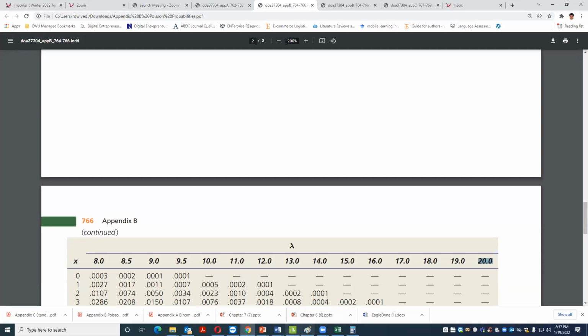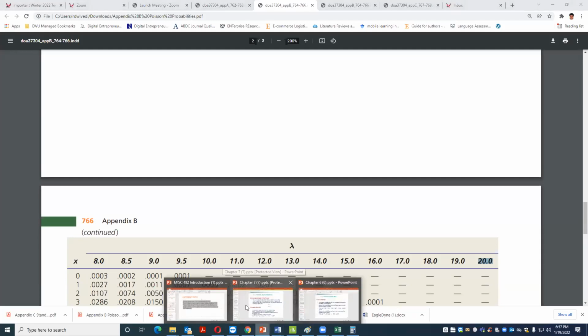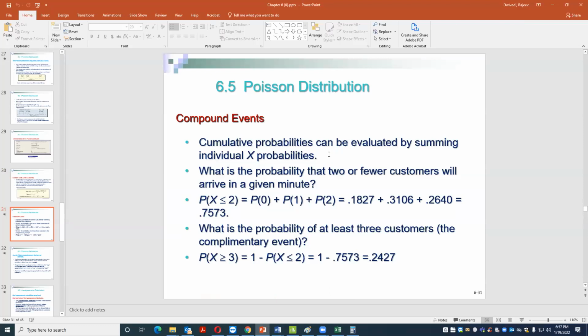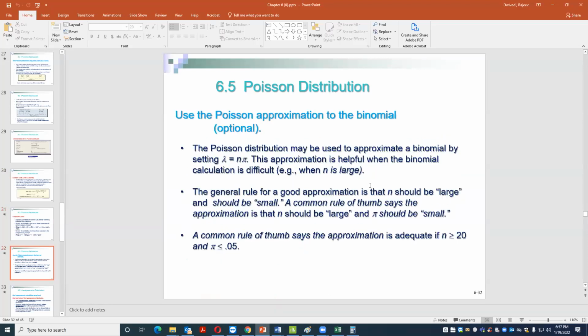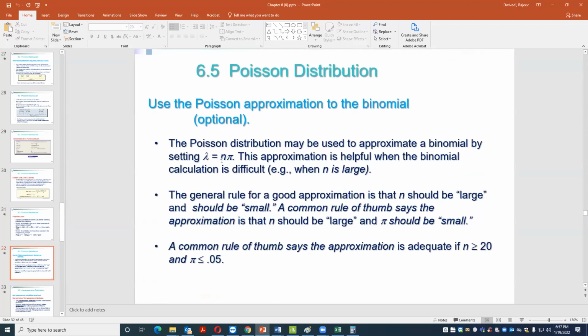Now we are going to the Poisson, can you see my slide part? Yes. Now the situation is here. How can we use Poisson distribution for binomial distribution? This slide says the Poisson distribution may be used to approximate a binomial by setting lambda equal to n pi.